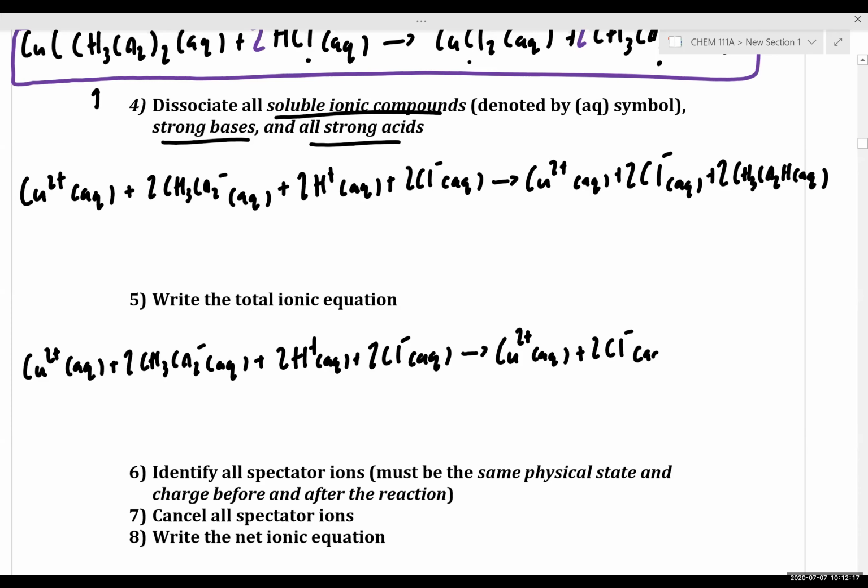We only dissociate the strong electrolytes, which are soluble ionic compounds, strong acids, and strong bases, into their component ions when thinking about net ionic equations. That's because strong electrolytes are the only species that are completely dissociating to yield mainly ions in solution.